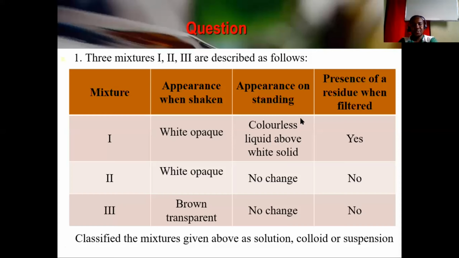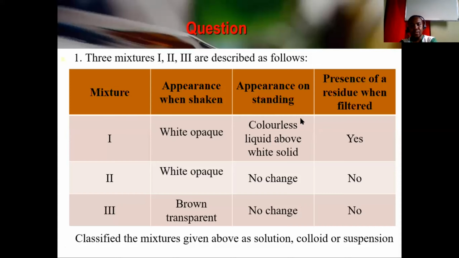All right, let's go through it together. What do you think mixture one would be? When shaken, it's white and opaque. When standing, it's colorless liquid above and a white solid below. And there's residue when it's filtered. A suspension.